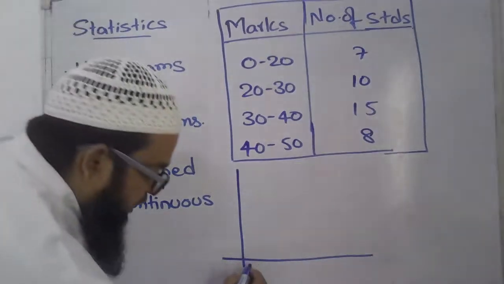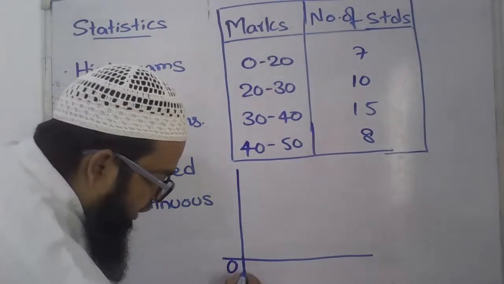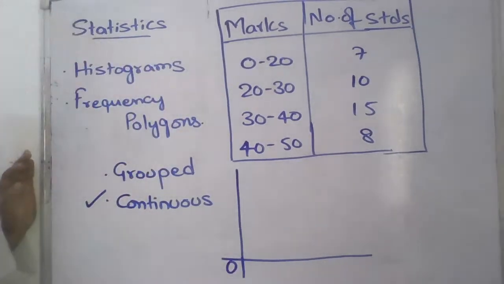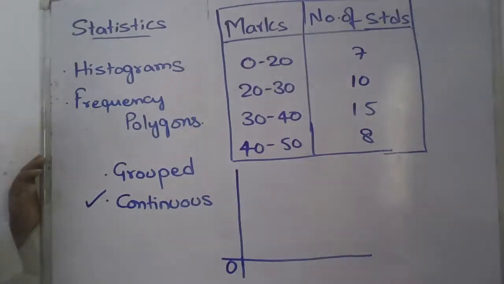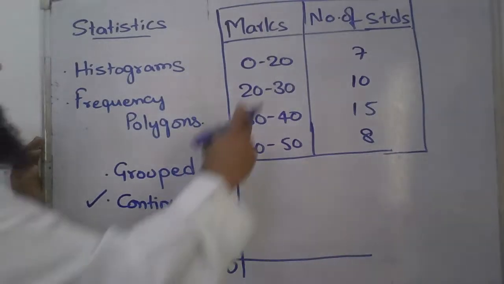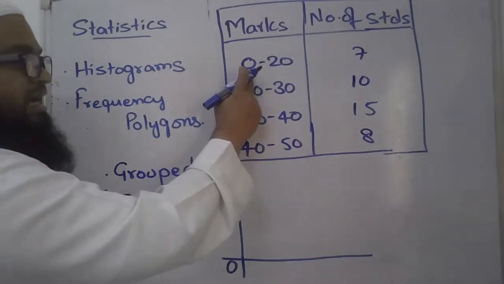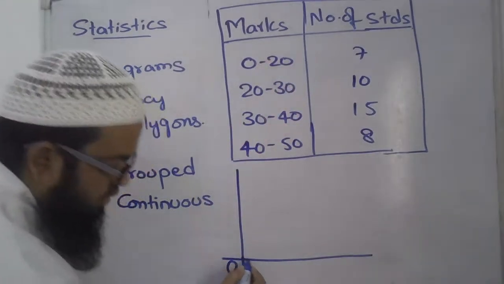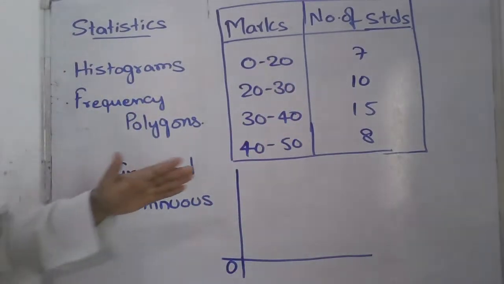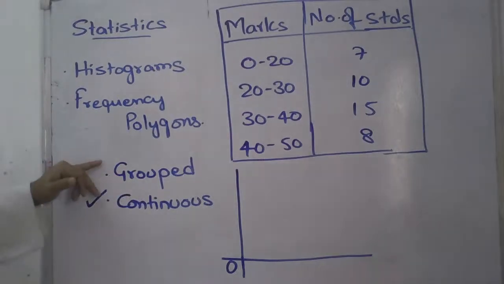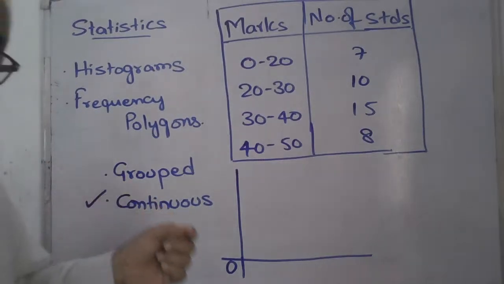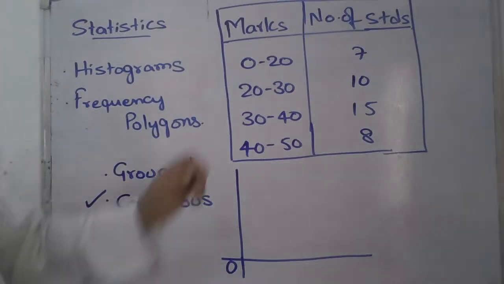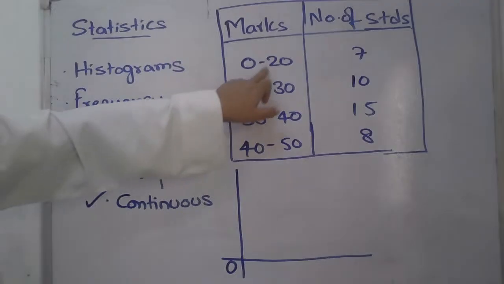Wherever the x-axis and y-axis meet, it is called the origin. Now check the data, whether it is 0 to 20. Let us see the data first. When you say grouped data and continuous data, check the class size also. So what is the class size here? 0 to 20 marks.